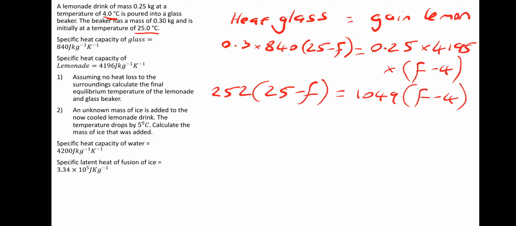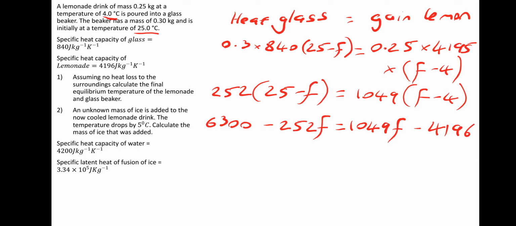Then we just need to multiply out. Get all the F's on one side and the numbers on the other side. So 252 times 25 is 6,300, minus 252 lots of F, equals 1,049 lots of F, minus 4,196.